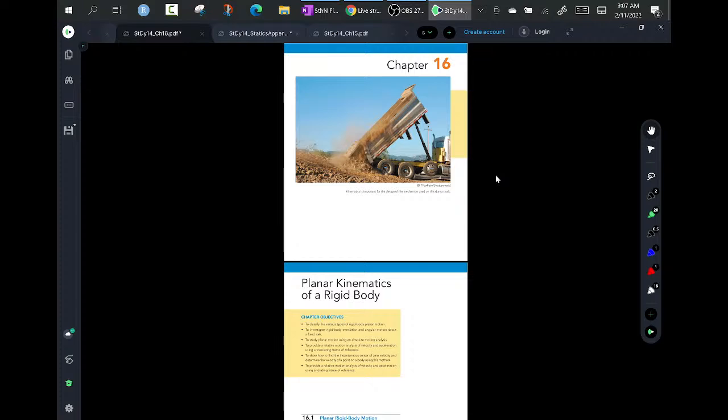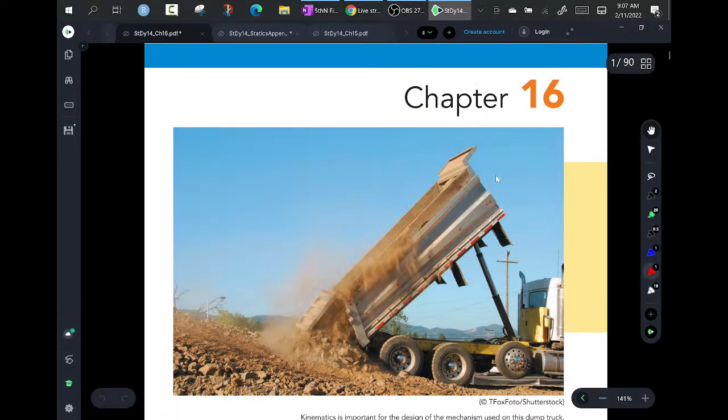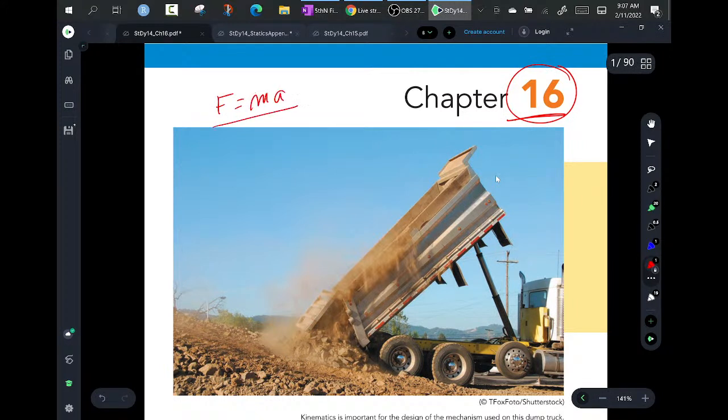Okay. So what I do is I move from chapter 12 straight to 16. If you look at it, that's what we're dealing with throughout the course. Chapter 12 deals with one aspect of that. Chapter 16 deals with another aspect of that.